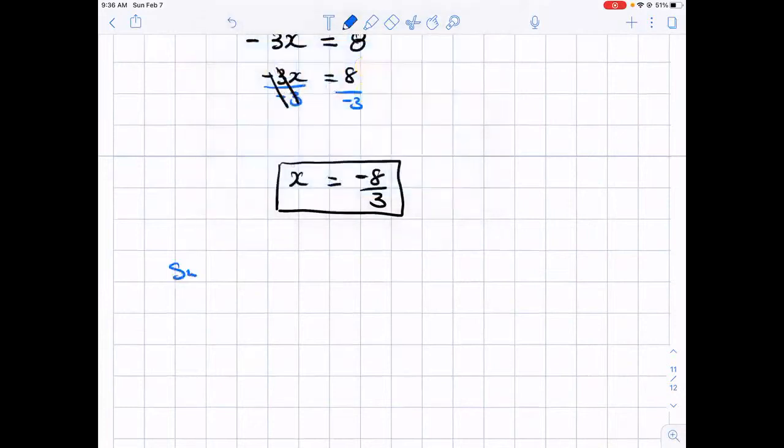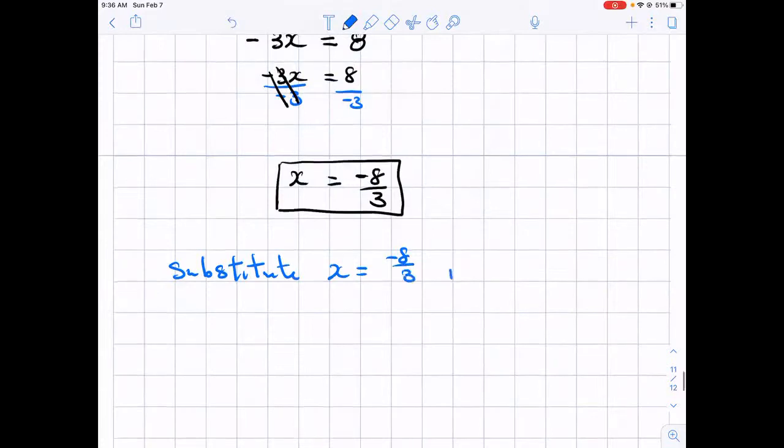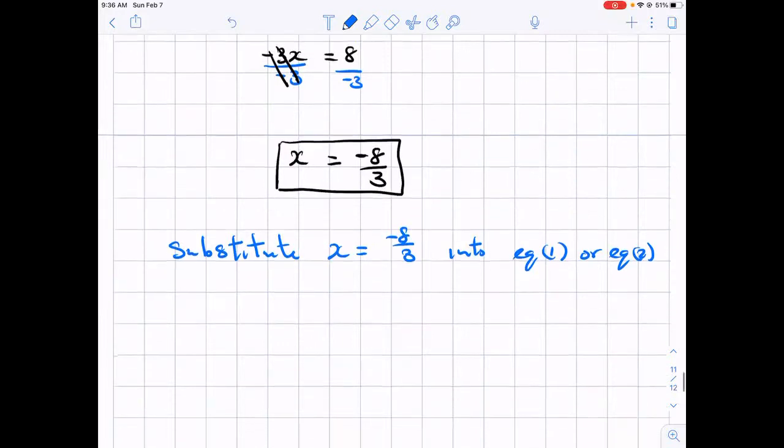So now we'll substitute x equals minus 8/3 into equation 1 or equation 2. So you will have to pick equation 1 or equation 2.